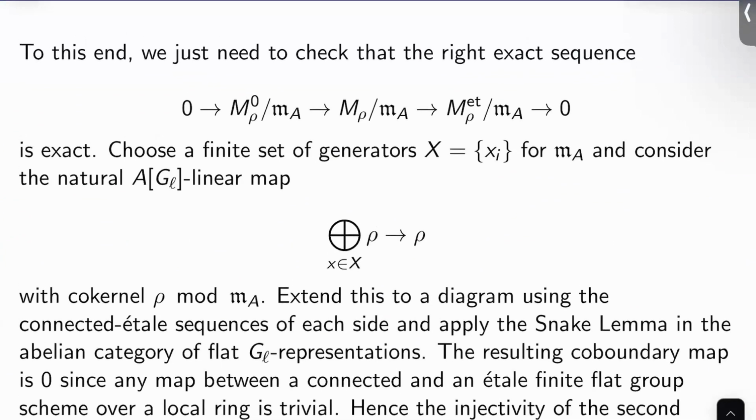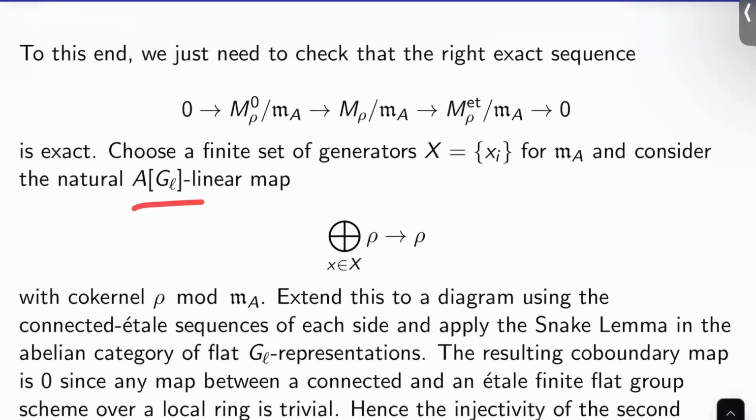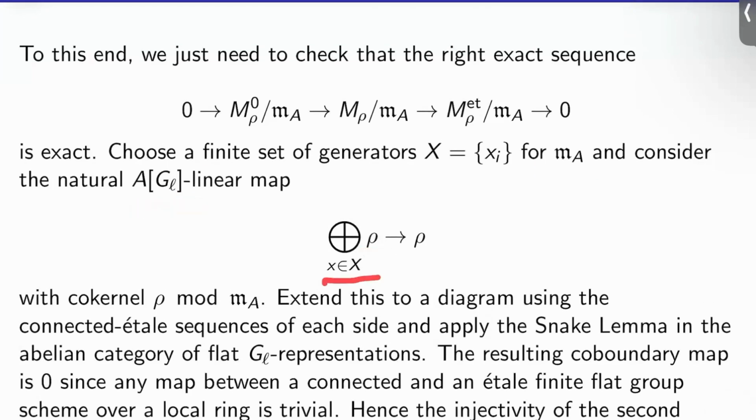Okay, and to this end, we just have to check that the right exact sequence 0 to M^0_ρ mod m_A to M_ρ mod m_A to M^et_ρ mod m_A to 0 is exact. Let's choose a finite set of generators X equal to the set consisting of all the x_i for m_A, and we'll consider the natural A[G_L]-linear map from the direct sum over ρ, one copy per x in X, to ρ, the obvious map, with cokernel ρ mod m_A.